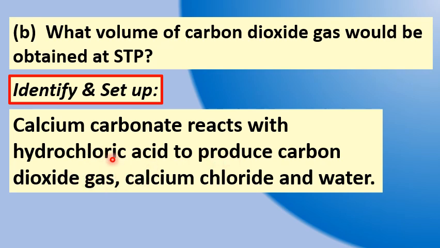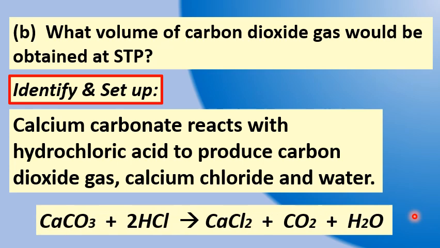So the given reaction says that calcium carbonate reacts with hydrochloric acid to produce carbon dioxide gas, calcium chloride, and water. So when translated to a chemical equation, we get this already balanced chemical equation as shown here.